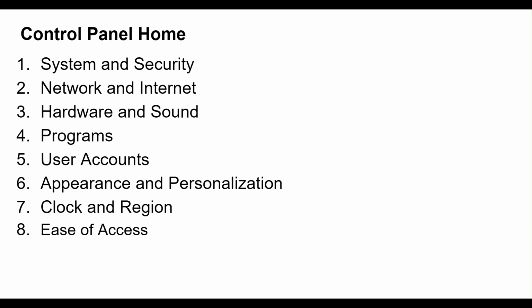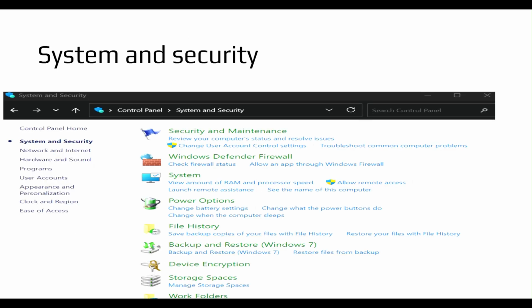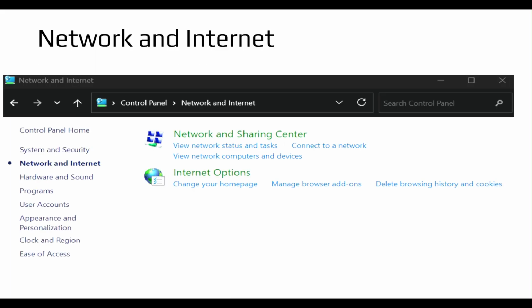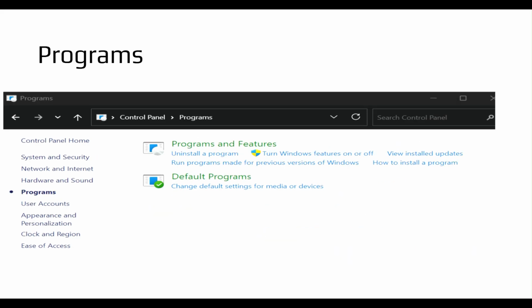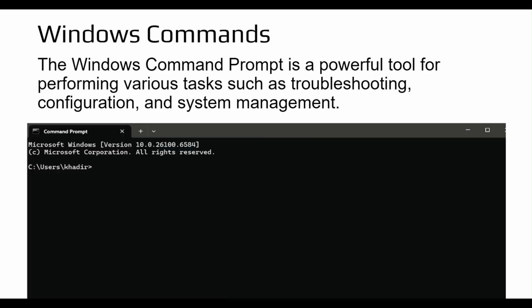We'll go through all of these in a different video as well: System and Security, Network and Internet, Hardware and Sound, Programs, User Accounts, Appearance and Personalization, Clock and Region, and Ease of Access.